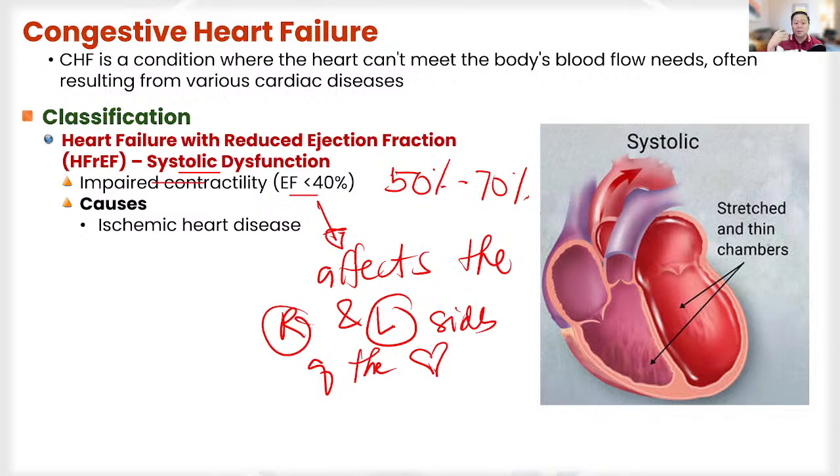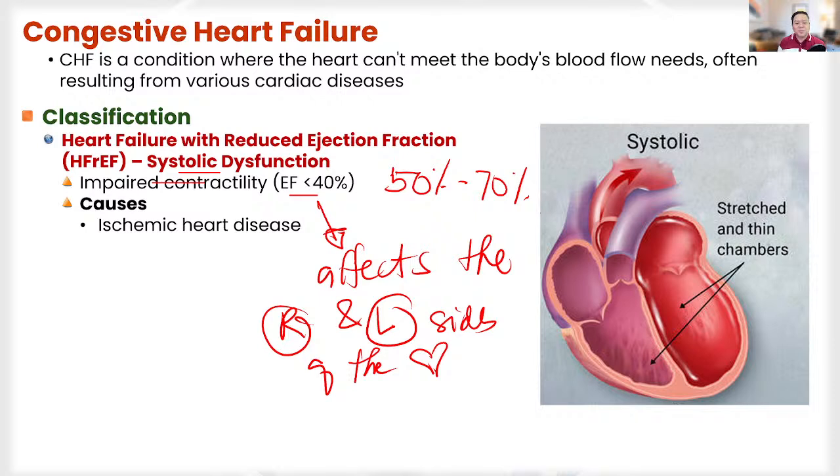This is probably because of stenosis and atherosclerosis going on in the coronary arteries, and so this will really compromise the blood supply to the muscles, the hard-working layer of the heart, the myocardium.